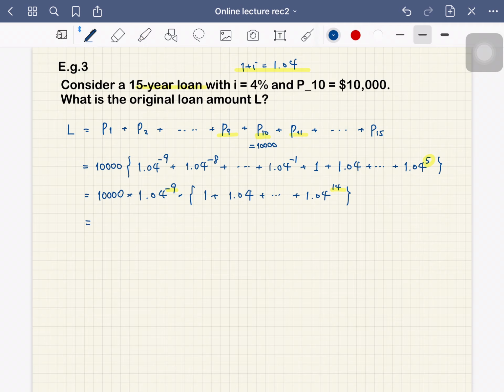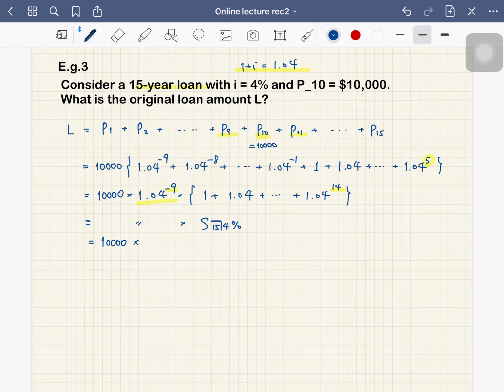So this is this amount times s angle 15 at 4%. So you can calculate this as 10,000 times this amount.